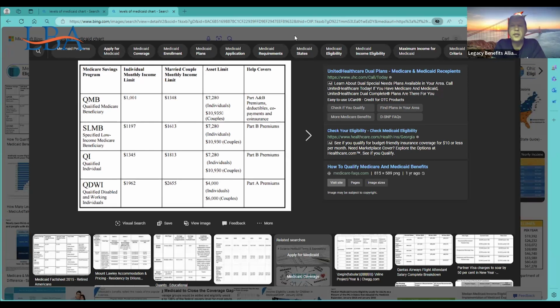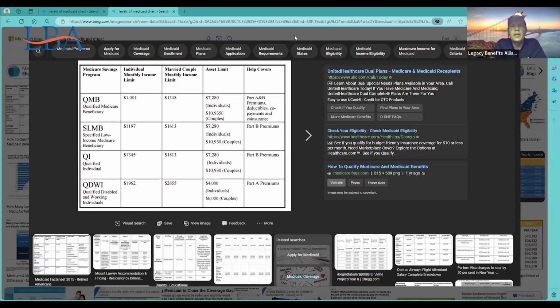So if you come across somebody who falls within the income range for QI1, then you know they also are going to qualify for extra help, right? So as you're doing your presentations for them and speaking to them about their benefits, you can let them know, well, as a QI1, you'll also get extra help, which means that you don't have to pay anything for your medicines because you'll be in your catastrophic stage automatically.